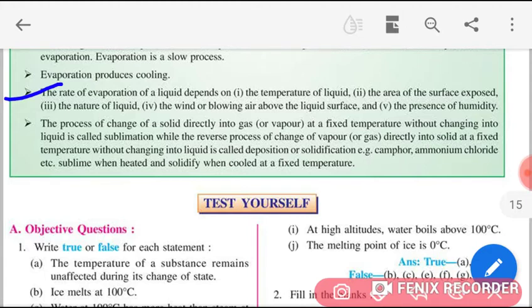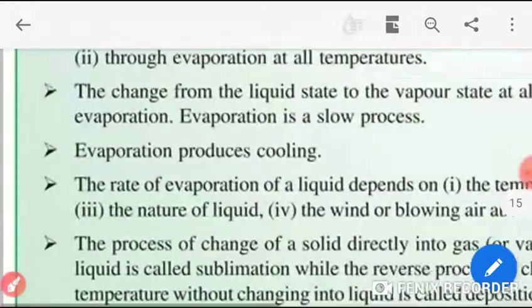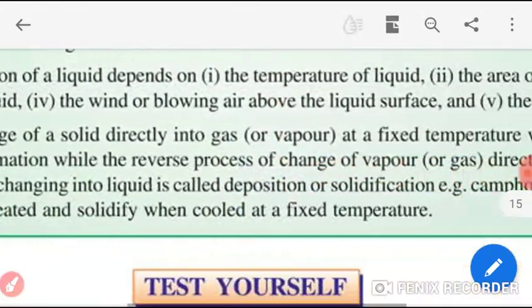The rate of evaporation of a liquid depends on first the temperature of the liquid, second the area of surface exposed, and third the nature of the liquid. Up till here this answer is.